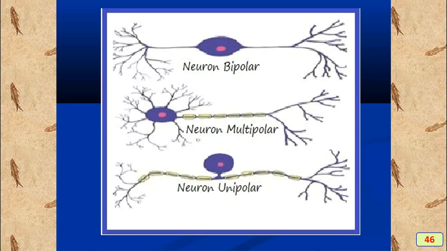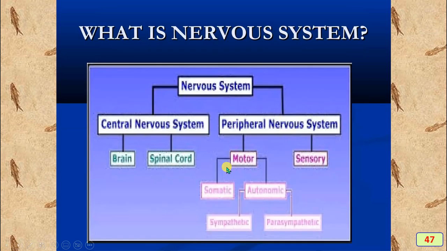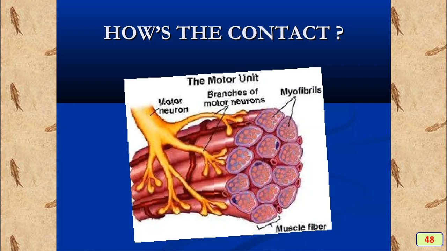Then bipolar neurons having two poles, multipolar neurons, then the unipolar neuron in the center. So these are all self-explanatory photos.